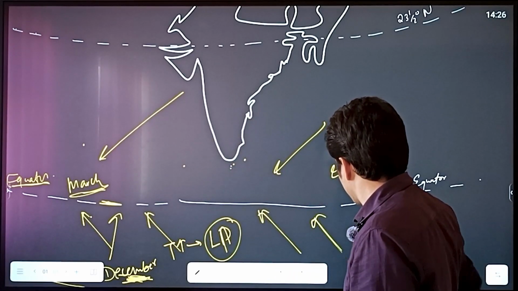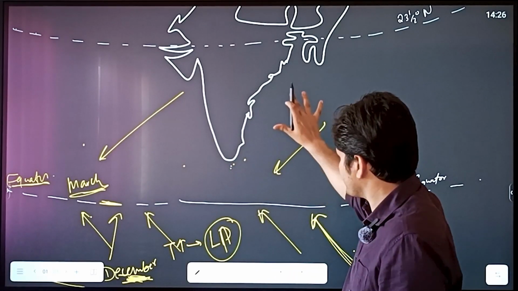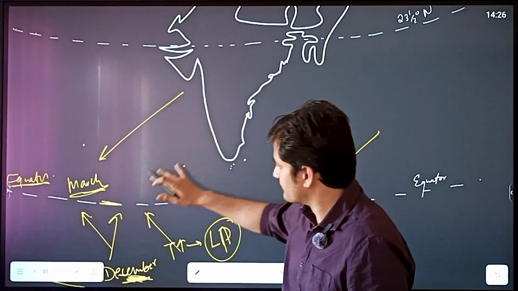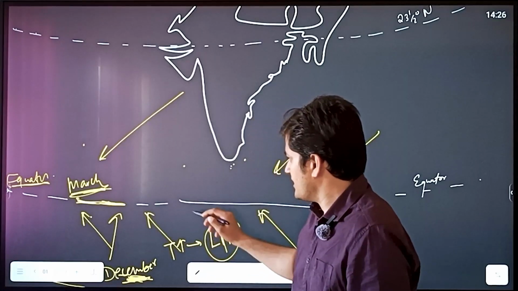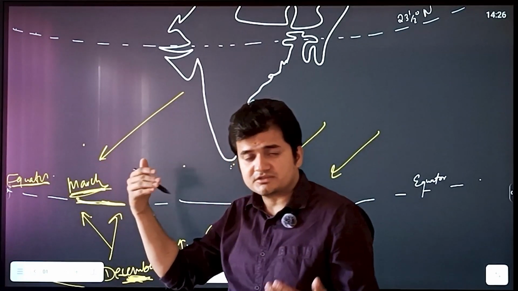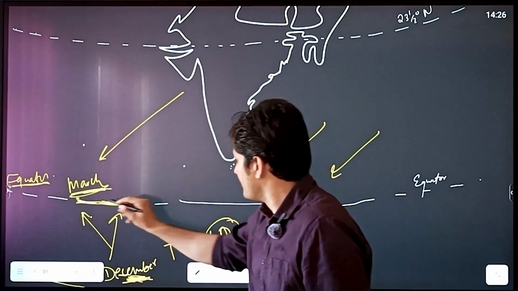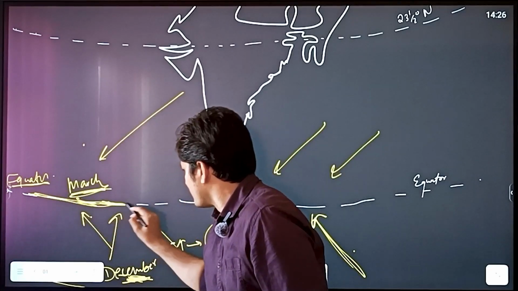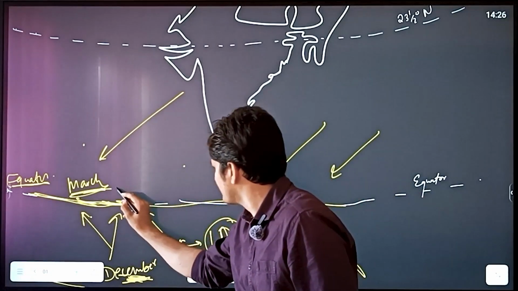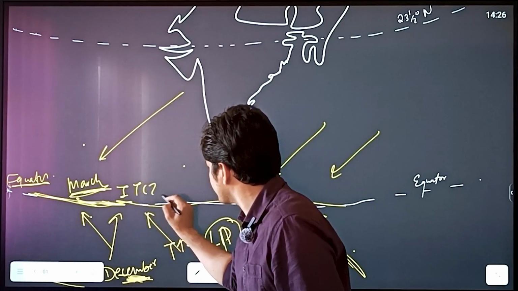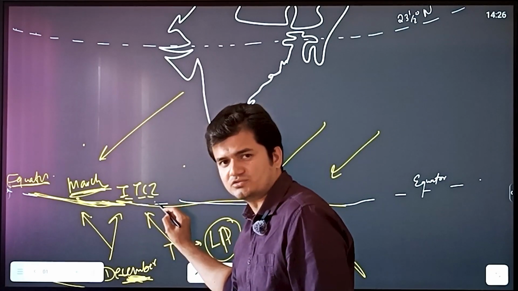These winds come from the northern and southern hemispheres and they converge at the equator region during the month of March. And this convergent zone is also called the thermal equator, and technically we call it ITCZ, that means Intertropical Convergent Zone.